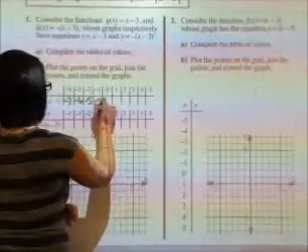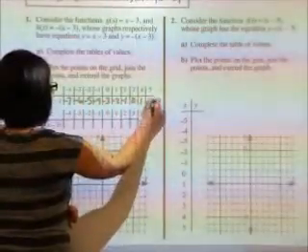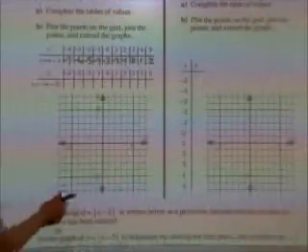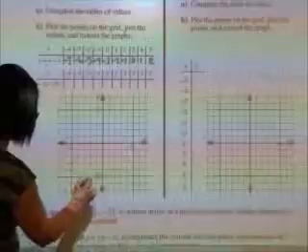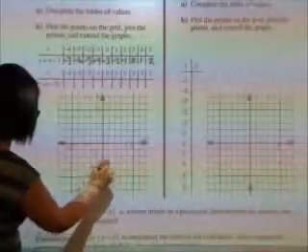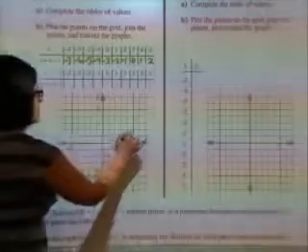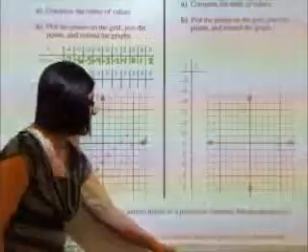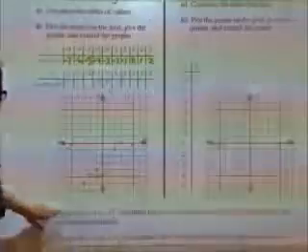Going up by 1, so we can fill in the rest of the chart here. So if we plot those points, when x equals negative 4, y equals negative 7. So there's my equation. I'm going to join those points with a line, and I'm going to label that line g of x.